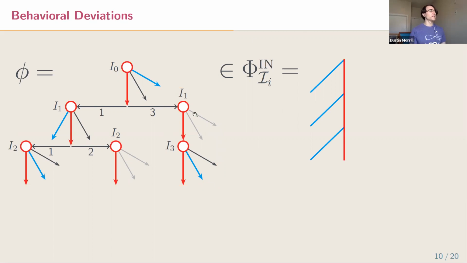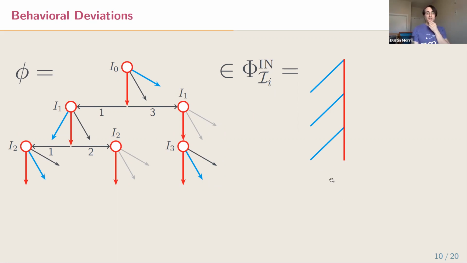And so this is, like I said, a behavioral deviation. We write the whole set of behavioral deviations in math like this, and we're going to use this pictogram like this to represent the set of deviations in a more intuitive way.